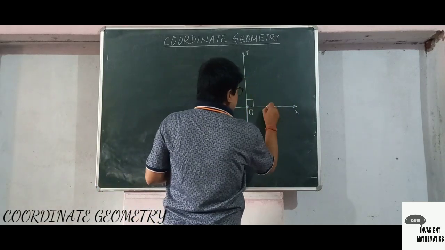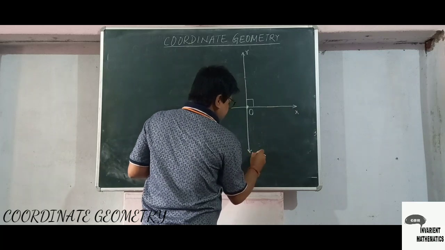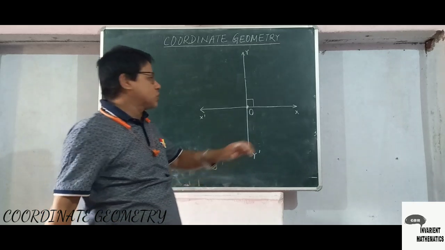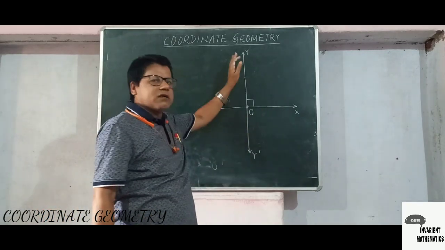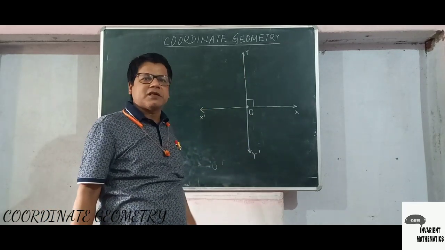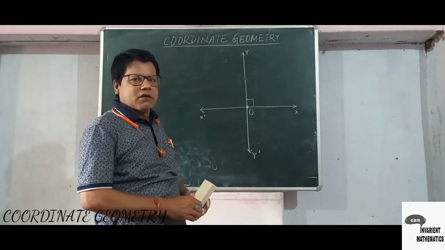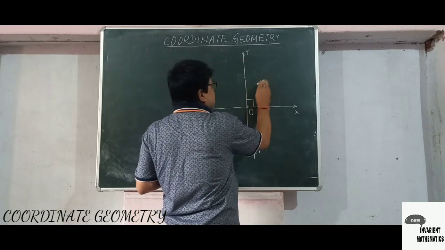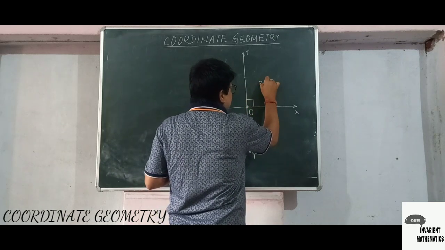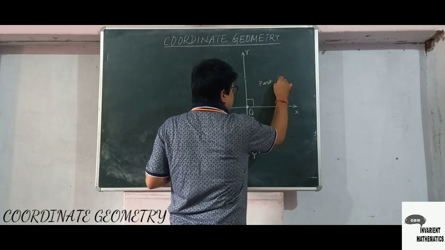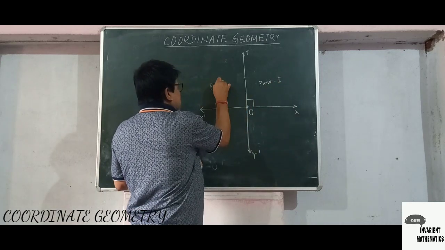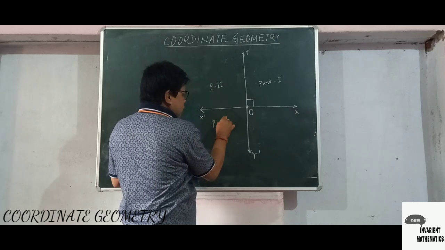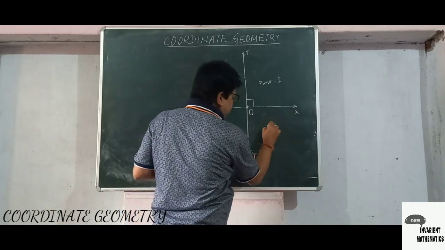Suppose this is a Cartesian plane. Now the two axes divide the plane into six parts. The four parts, this is part 1, part 2, part 3, part 4.